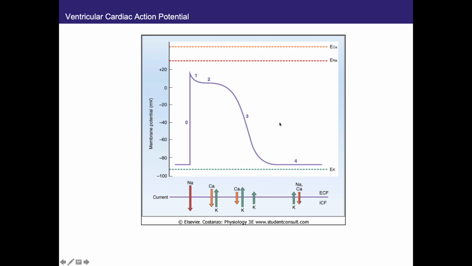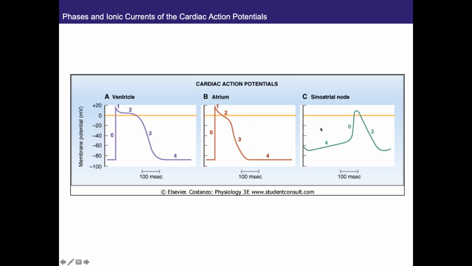The other one that I want you to concentrate on is the SA nodal cells. Phase 4 are those funny channels, also called HCN channels. They activate at hyperpolarized voltages, the beginning of phase 4, and they are influenced by cyclic AMP. That's why it's hyperpolarization-activated, cyclic nucleotide-gated channels.